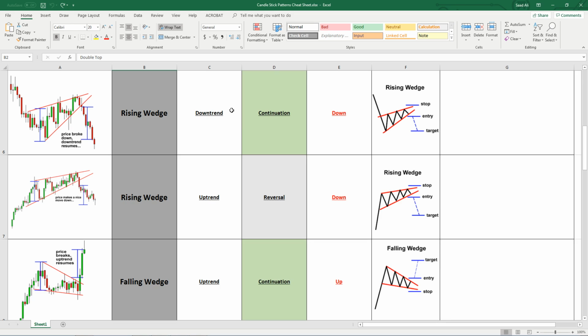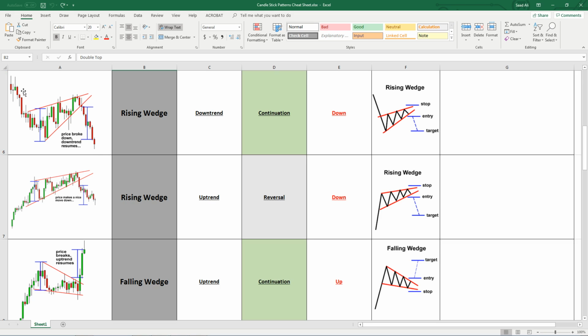So it forms during a downtrend. So you can see price is coming down, and then it starts forming this, what they call a rising wedge. So it keeps bouncing between this rising wedge, and then this is a continuation pattern. So that means price will continue in the same direction.